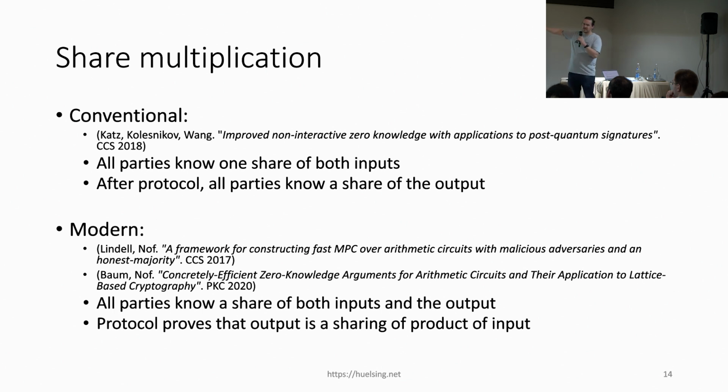Here I have to do a cut and choose approach, so I have to verify these, which means I have to generate like 10, then I'm opening 9 random ones, and if they are all really multiplication triples, I know that the 10th with the probability of 1 minus 1 over 10 actually is also correct. But this wastes a lot of multiplication triples. In this other case, I just need 1. So I will use 1 per multiplication, but that's it.